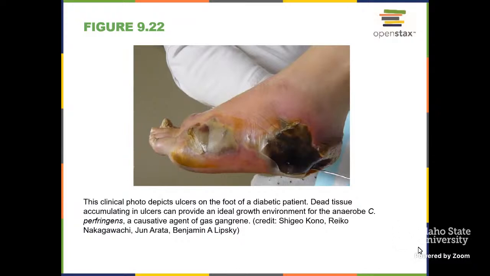Then there's problems where now you don't feel something, your foot gets wounded, and you don't know it because you don't feel it. We end up in a situation where those wounds don't heal up very well, and we get some pretty nasty looking infections, maybe gangrenous infections. And this Clostridium perfringens is the culprit for gas gangrene, right?